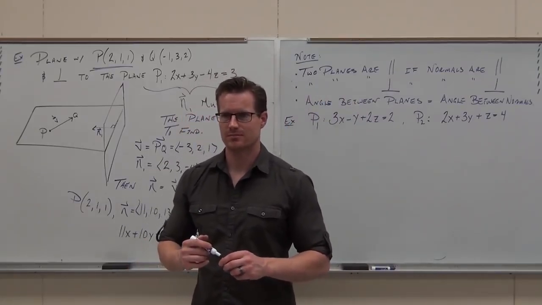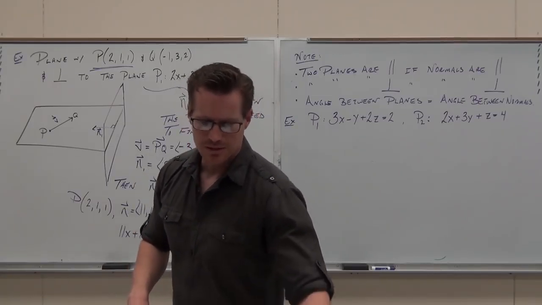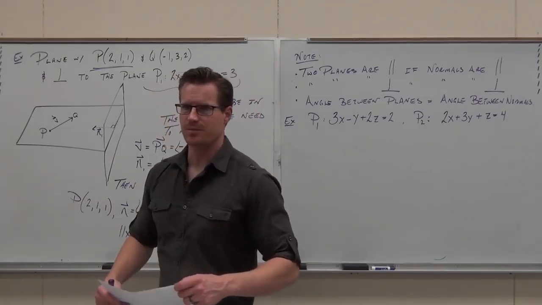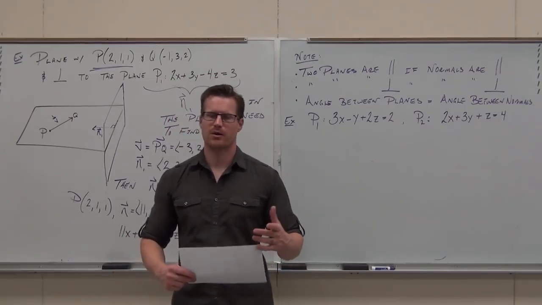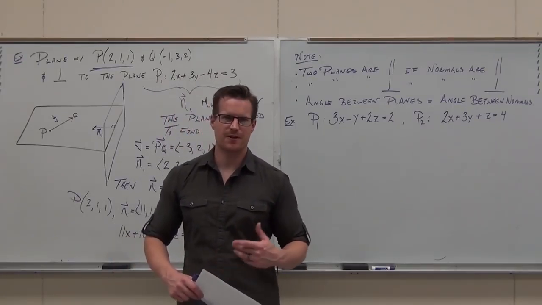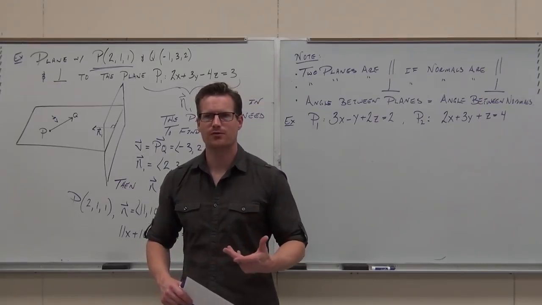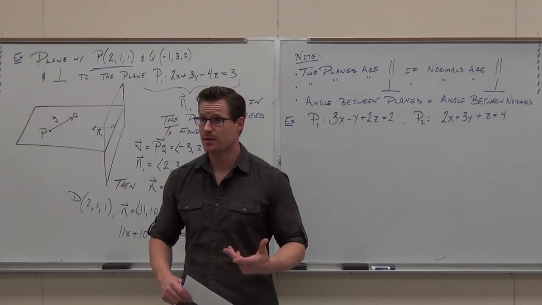Did you catch that little hint? Subtle. The test question is, describe the relationship. Are these planes parallel, perpendicular, or neither? If they're neither, find the angle between them. It's pretty straightforward enough, right, if you understand the concept.